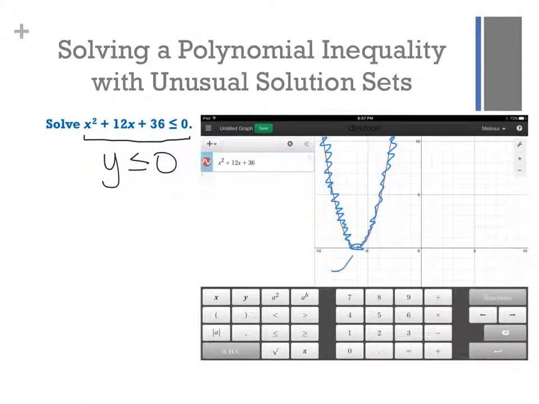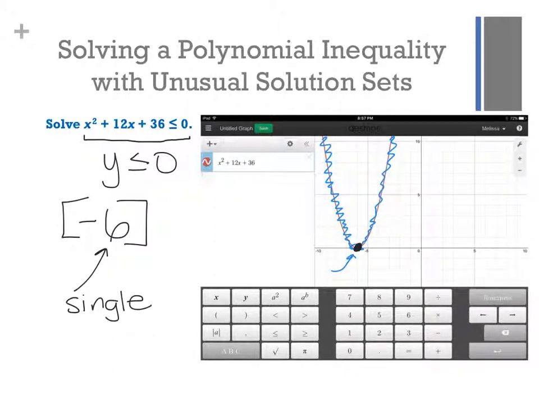So the only location on this graph where the y-coordinate is less than or equal to 0 is at the x-intercept. So the only solution to this is negative 6. We have a single solution here, only one x value, where our function is less than or equal to 0.